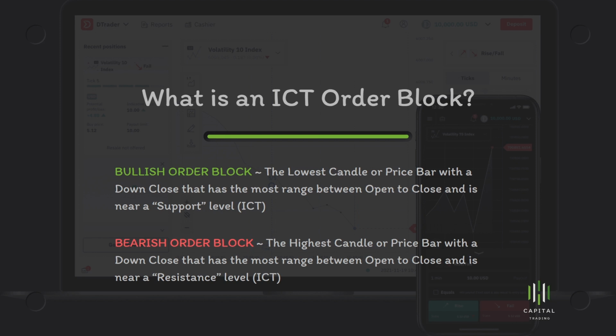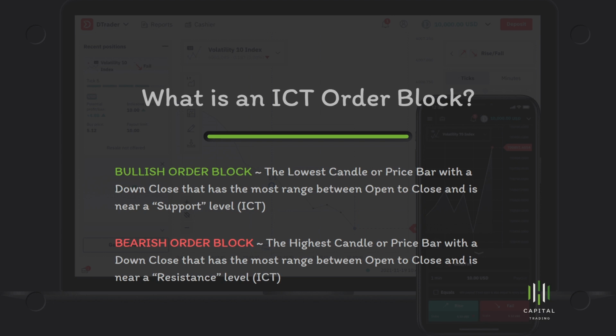We have two types of order blocks: bullish order blocks and bearish order blocks. A bullish order block is the lowest candle or price bar with a down close that has the most range between open to close and is near a support level, quoted from ICT himself.